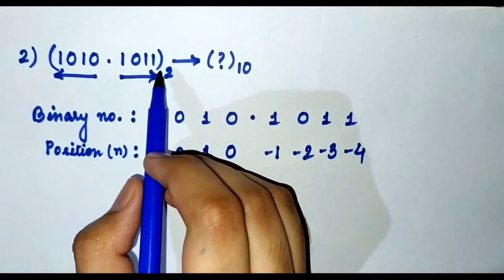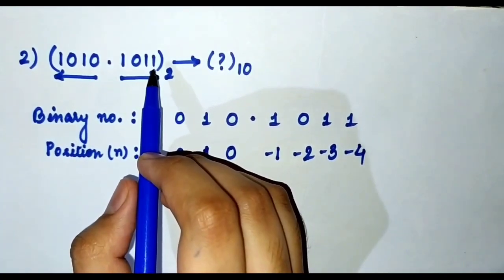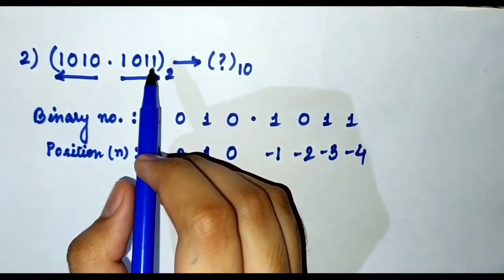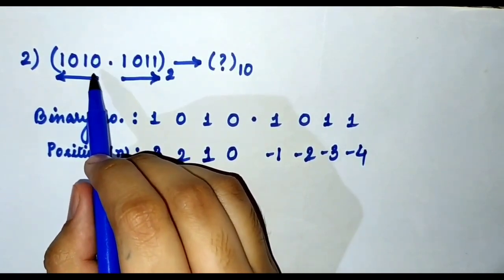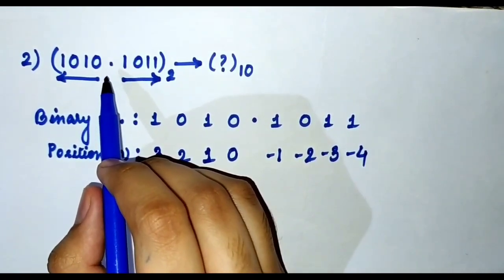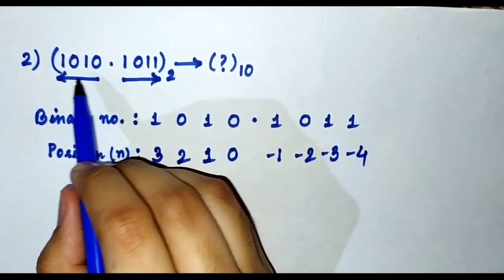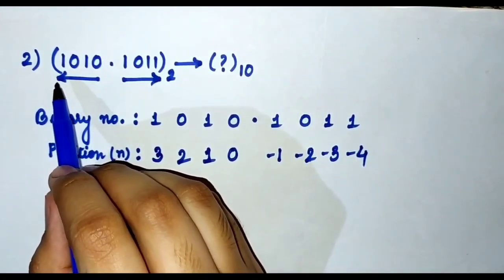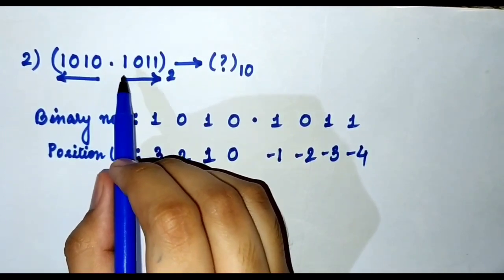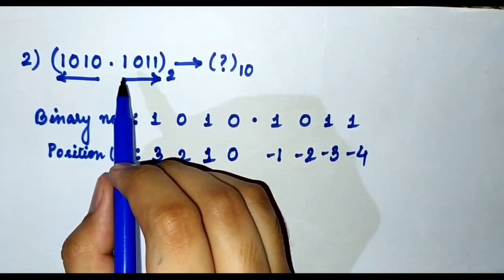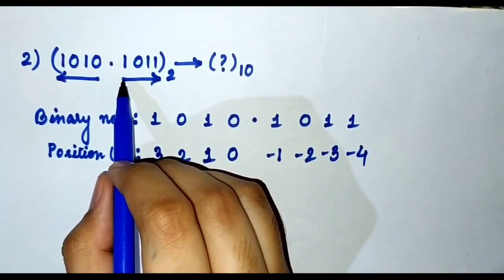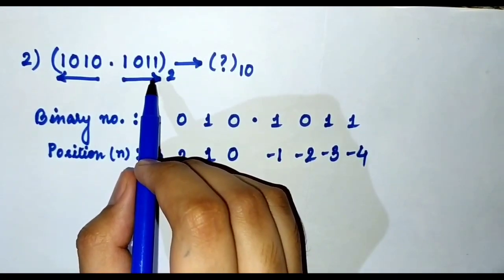In this type of binary numbers, the positioning is done in a different way. Before this binary point, the positioning starts from 0 and goes on increasing from right to left. And after this binary point, the positioning starts from -1 and goes on decreasing from left to right.